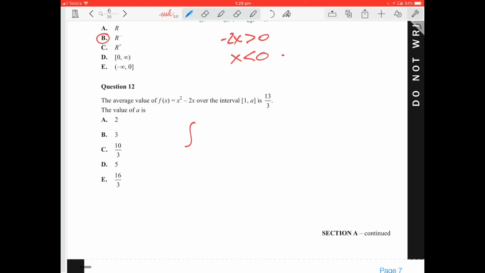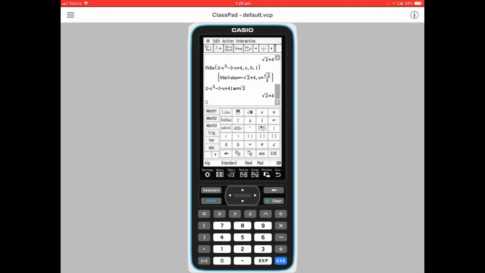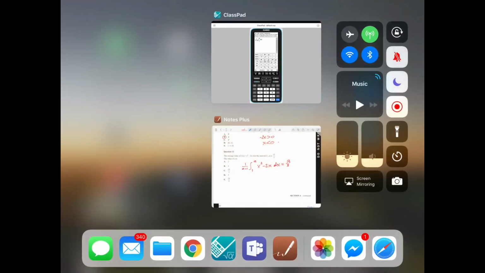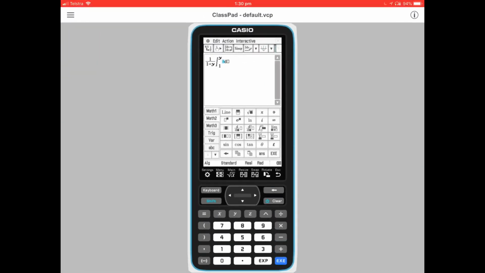Okay, so that means 1 on a minus 1, integral from 1 to a of x squared minus 2x dx is 13 on 3. Okay, so 1 divided by 1 minus, we'll say y, from 1 to y of x squared minus 2x dx.